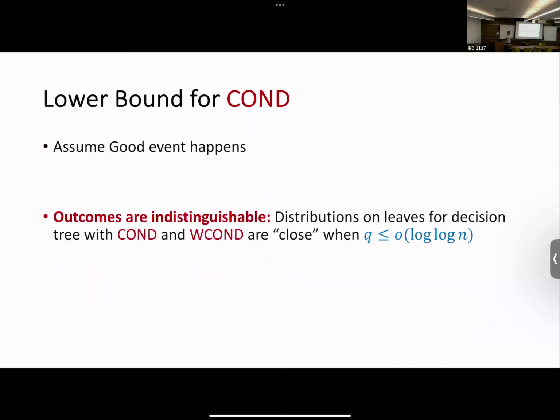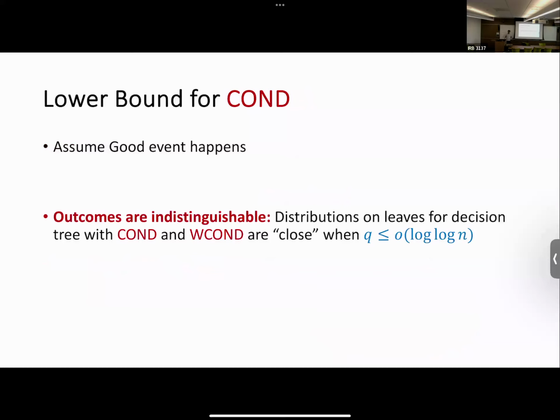Now once this good event happens, on one hand you have a co-adaptive tester with the conditioning query, and on the other hand a co-adaptive tester with weak conditioning query.